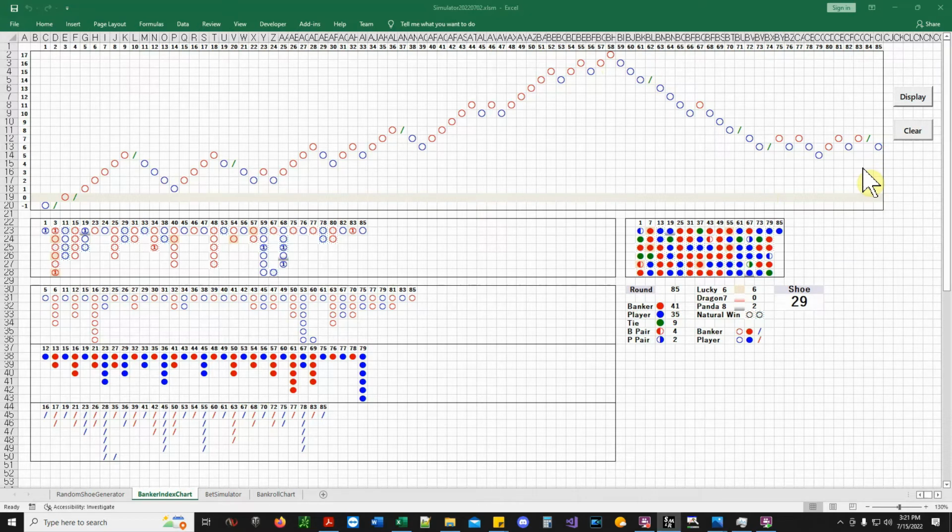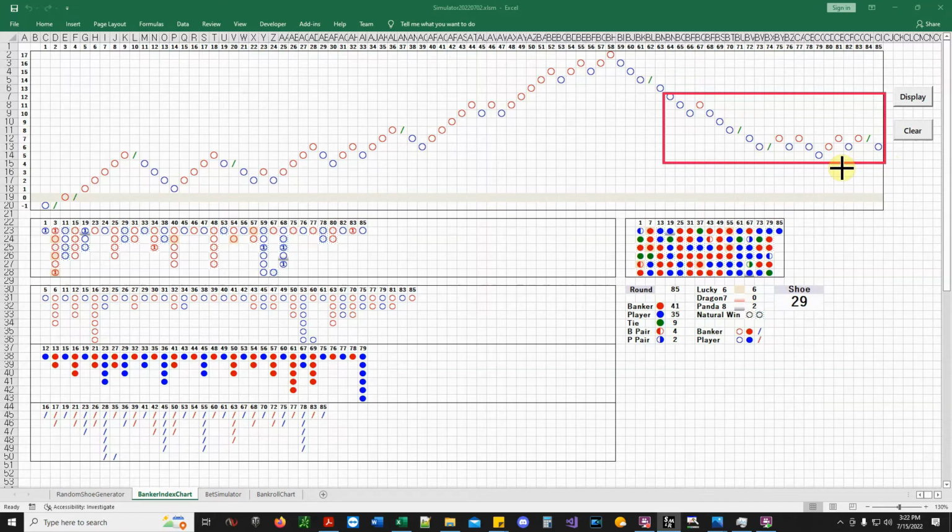So do not get so stubborn that you think you're in the middle of a banker shoe and you start looking for a banker pattern, and all of a sudden you get caught in a run like this to the downside in a banker-favorite shoe. It happens.